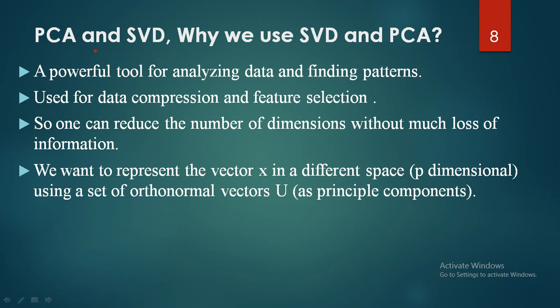So once again, why to use PCA or SVD, that is singular value decomposition. If the matrix is square and symmetric, you can apply PCA, or you can apply SVD, both are equivalent in this regard.